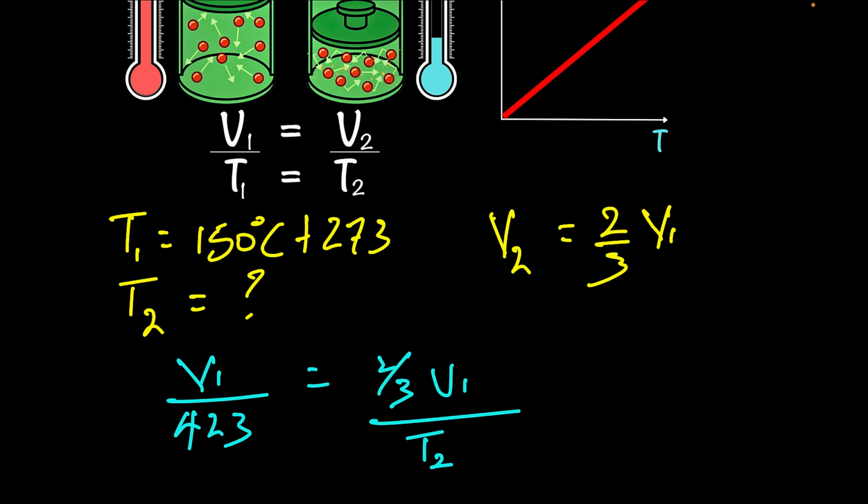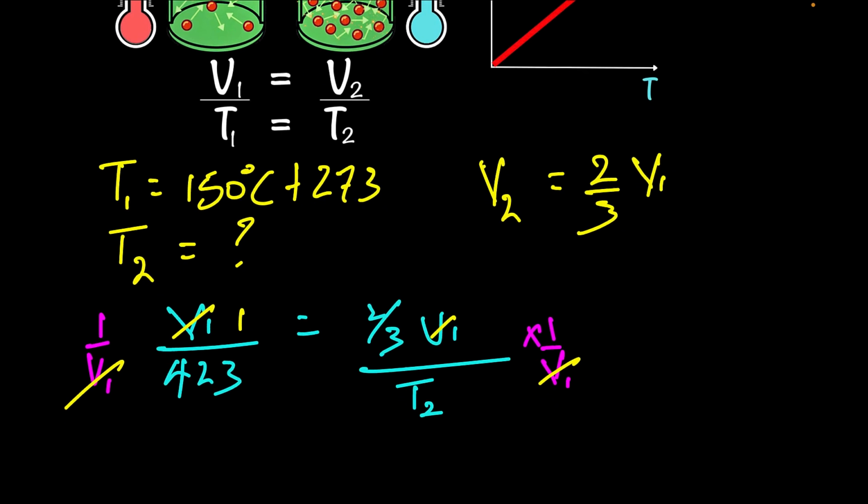Now, this is the bit that will simplify everything, because as much as this looks complicated, if we divide both sides by V1, which is the same as multiplying by 1 over V1, then right away you find that we cancel V1 from both sides. That leaves us with 1 over 423 there, and 2/3 over T2.